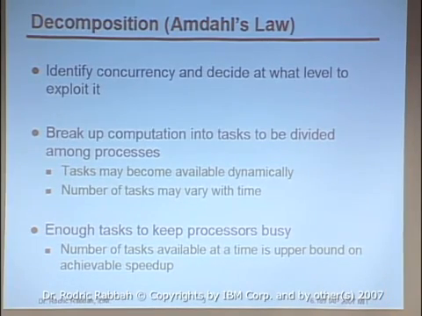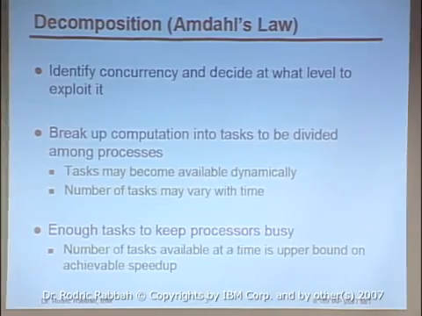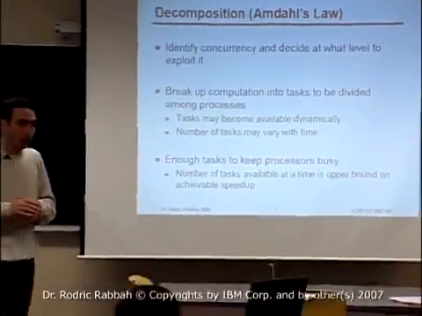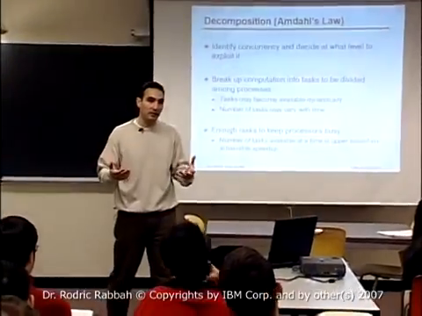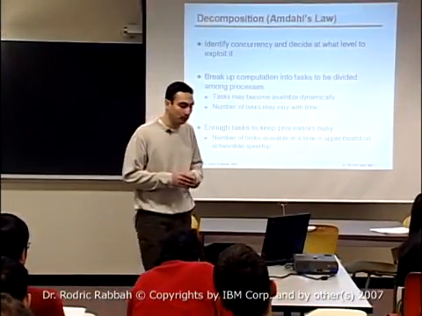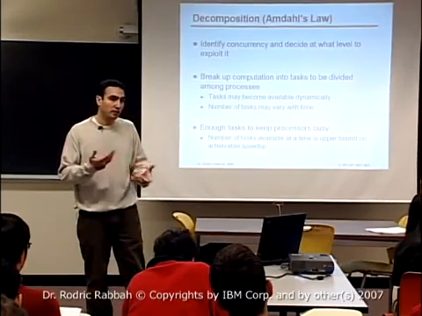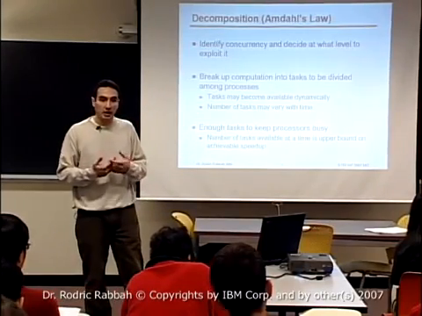You divide up your computation into tasks, and eventually these are going to be distributed among processors, and you want to find enough of them so that you can keep all the processors busy. Remember that the more of these you have, the higher the upper bound on your potential speedup. And as in the ray tracing example that I showed, the number of tasks you have may vary at runtime.